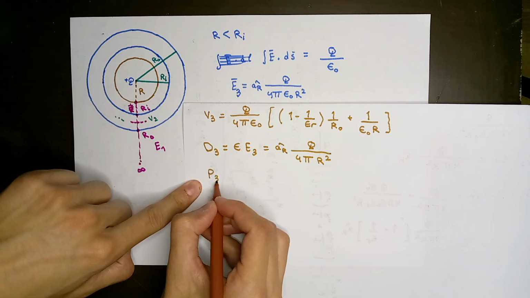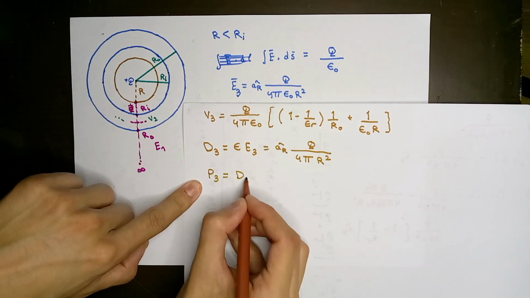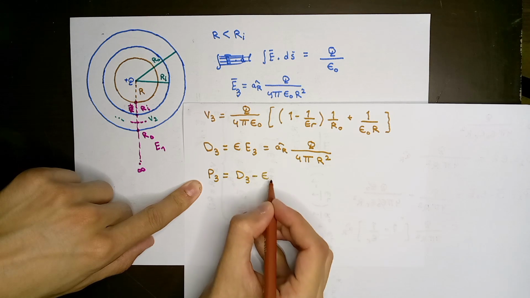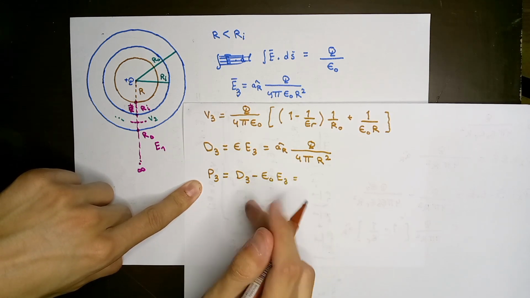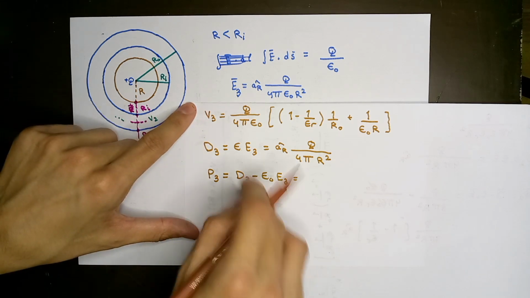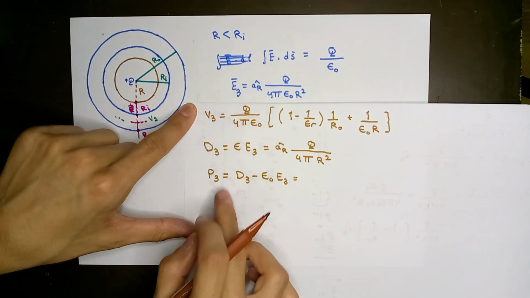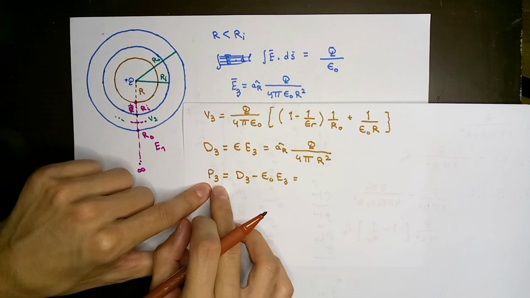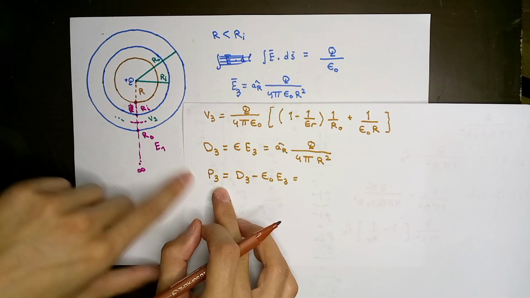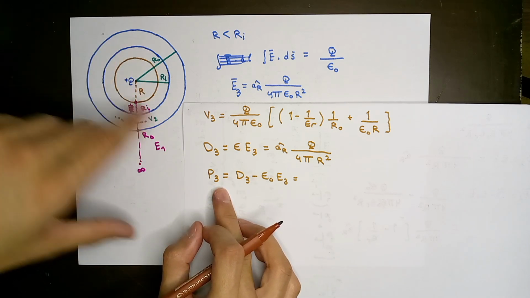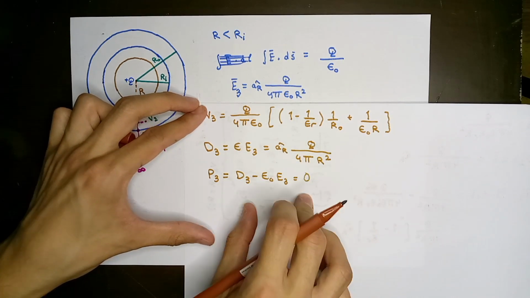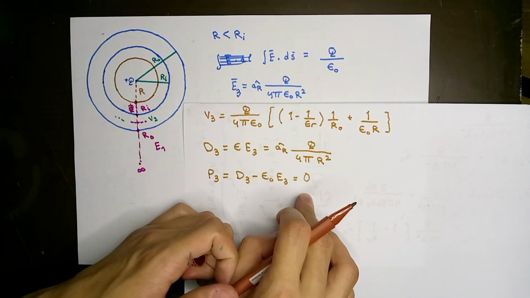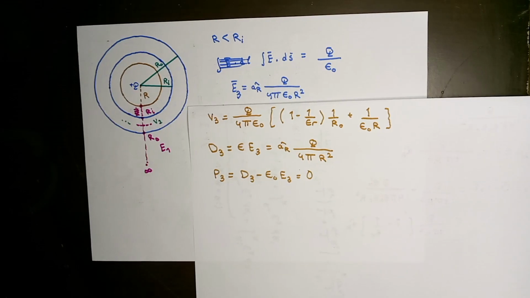The polarization is equal to D3 minus epsilon sub 0 times E3, and there's no need to plug all of these parameters into this equation. We know that this region is a vacuum, so the polarization is equal to 0 because there are no particles to be polarized in the first place.